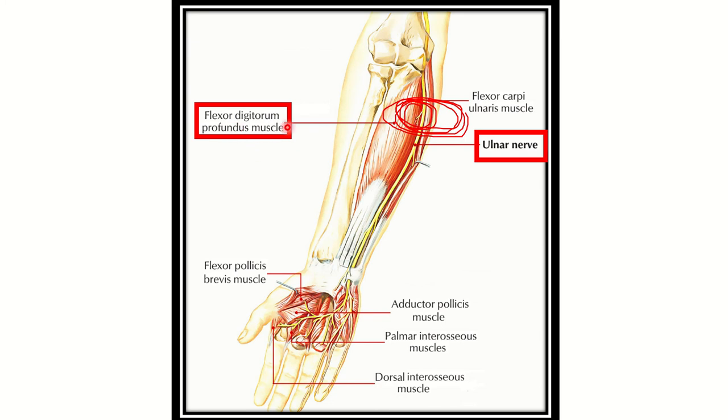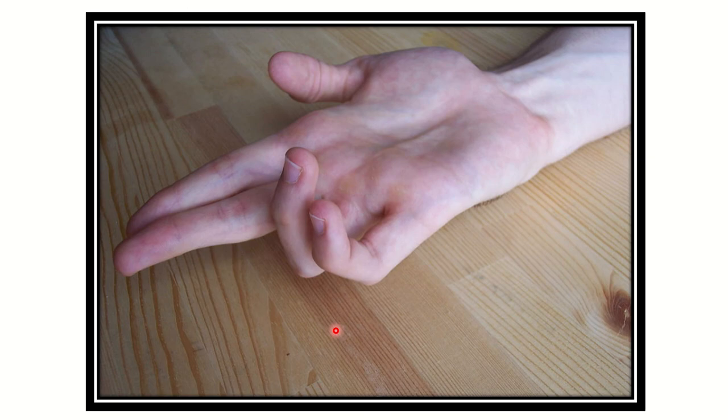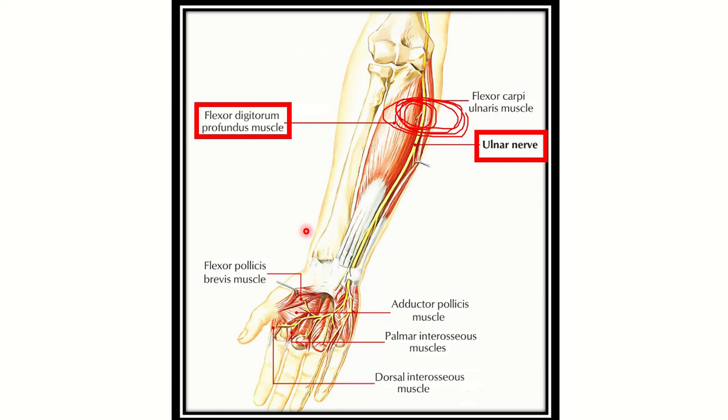This point has to be remembered. I can repeat it again because it is the most important, and this concept should be clear before the exam. The flexor digitorum profundus has one part supplied by the ulnar nerve, which gives supply in the proximal part, and the function of this muscle is the claw hand position.